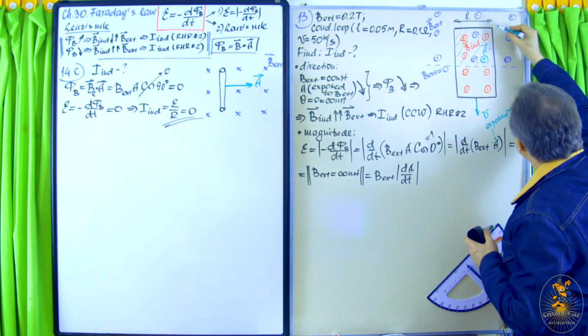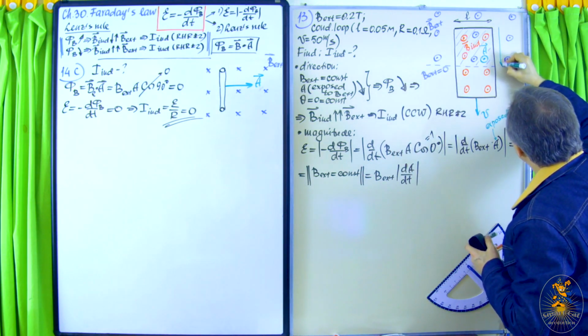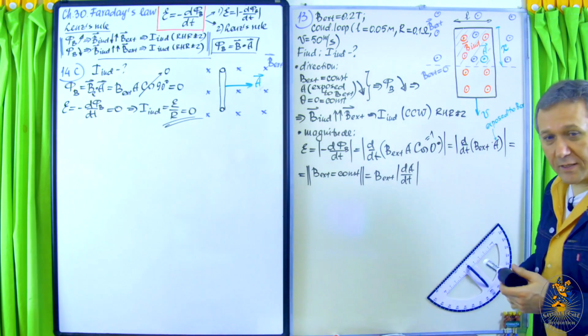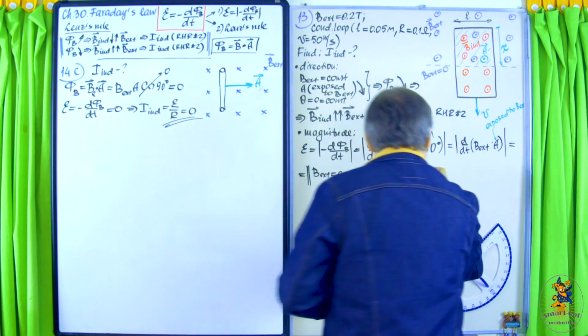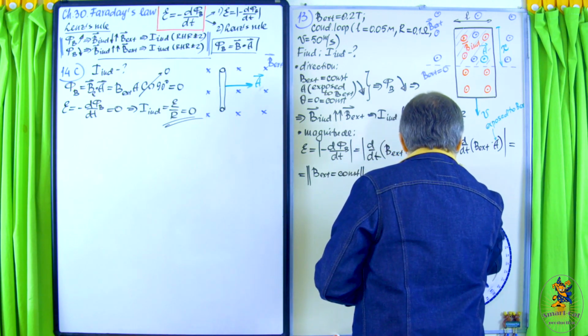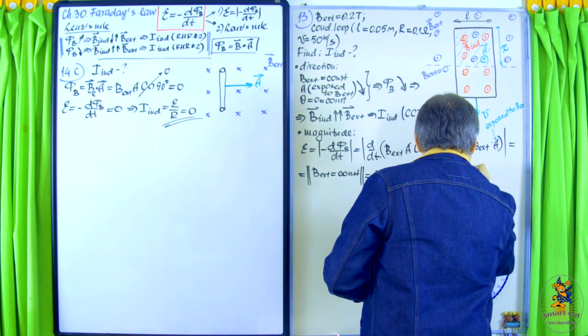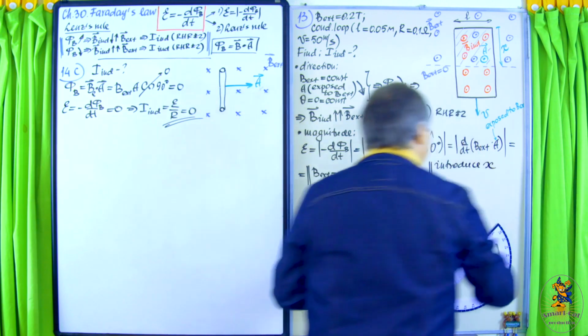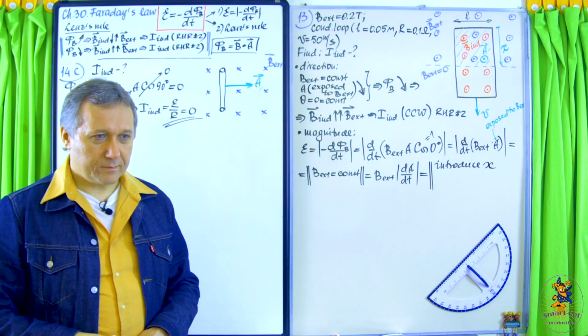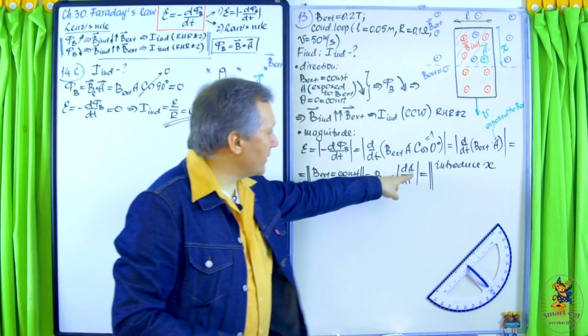Okay, so now let me introduce this x and write it down over here. I will open my explanation box: introduce x for a couple of minutes. So how can we write this area?